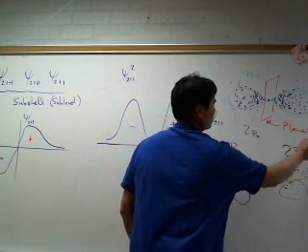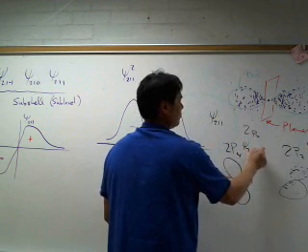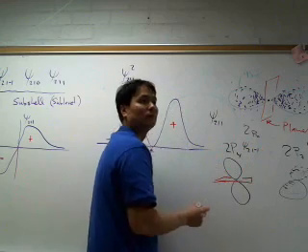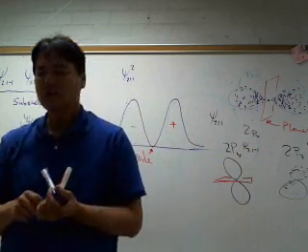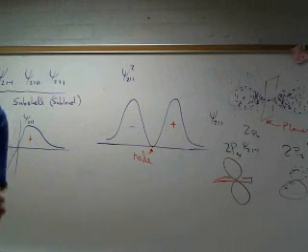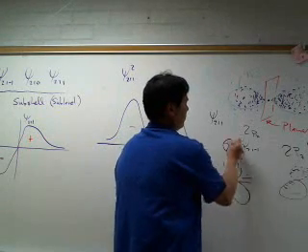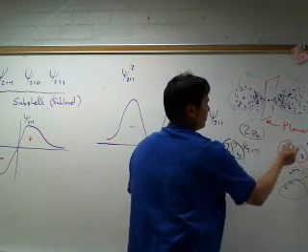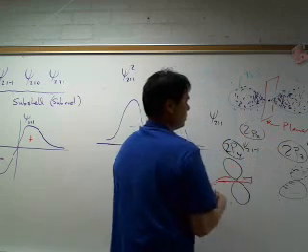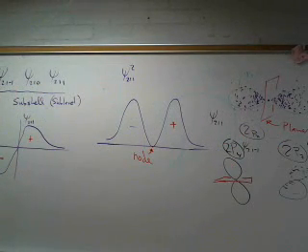I'm sure, this one was the psi 210. This one would be the psi 21 -1. Something like that. You don't have to know which one is which. I forgot because it's been a while since I did the calculation. And so just 3 different orientations, 3 different orbitals. The orbitals are exactly the same energy. The only difference is the orientation. Okay.